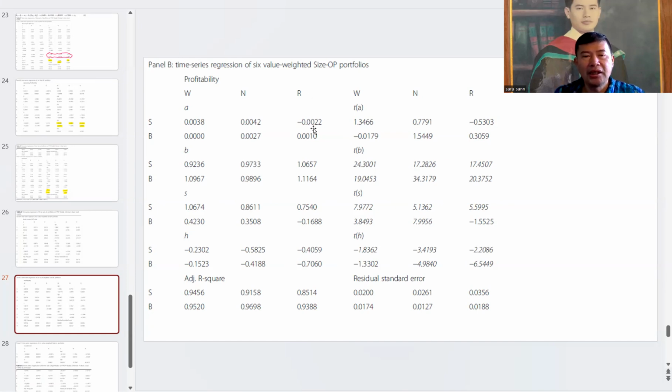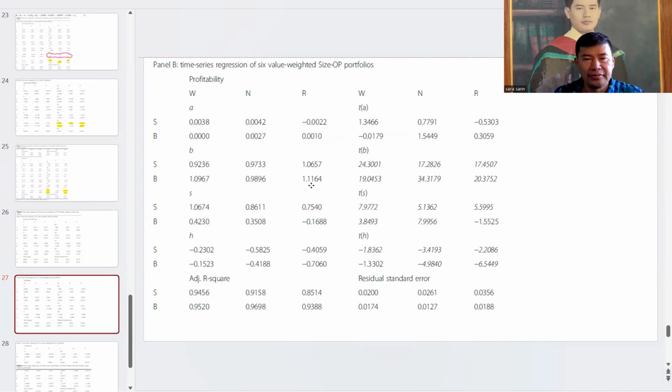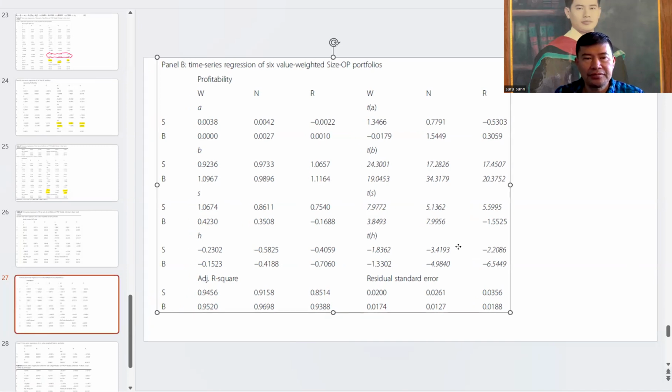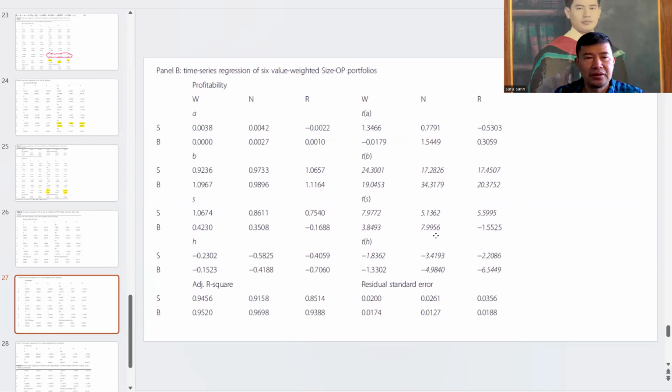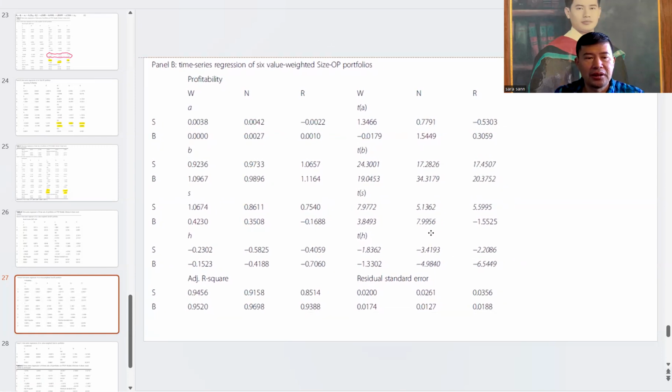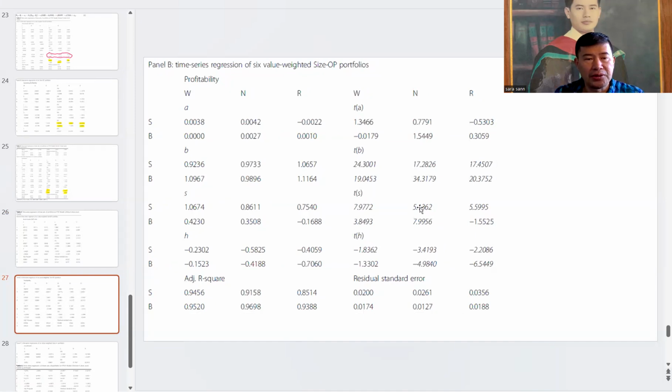What does it mean? It means when the size goes up, okay? When the size goes up, here I correct this one. When the size goes up, the excess return of size to return on equity goes up by 112%.